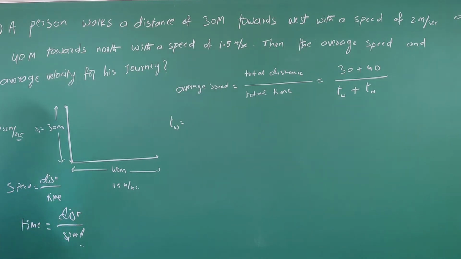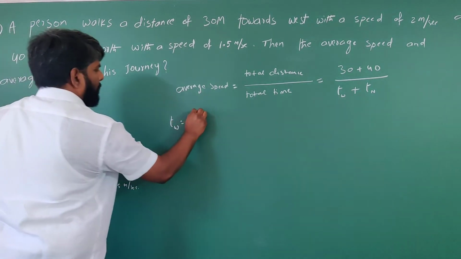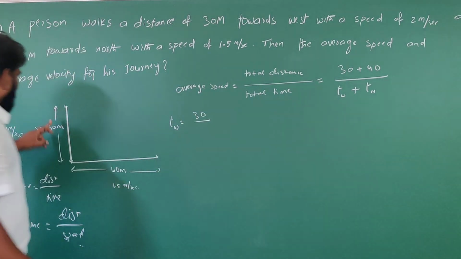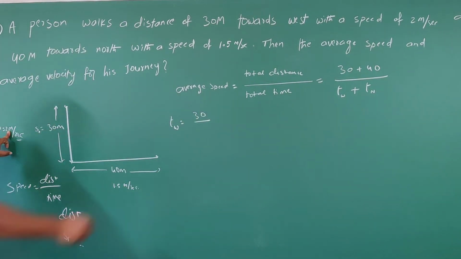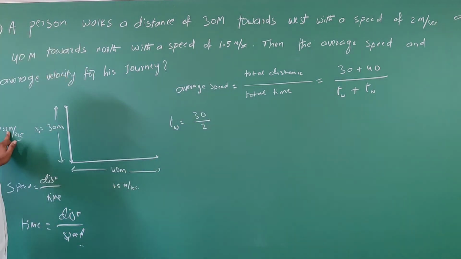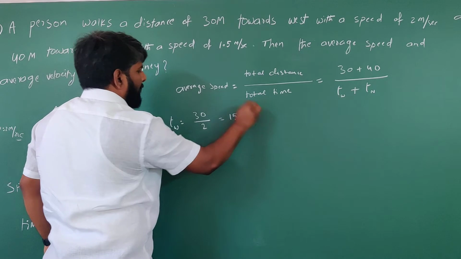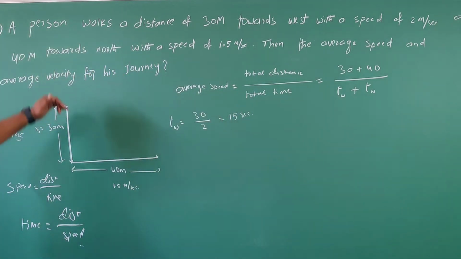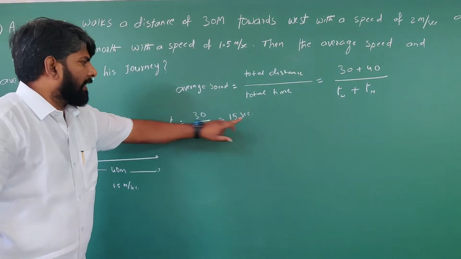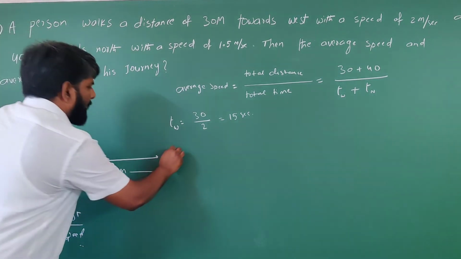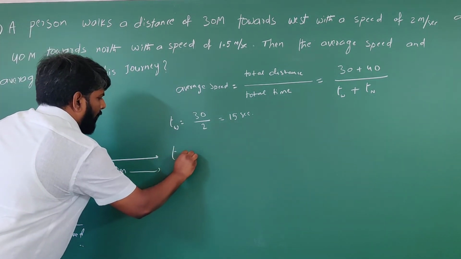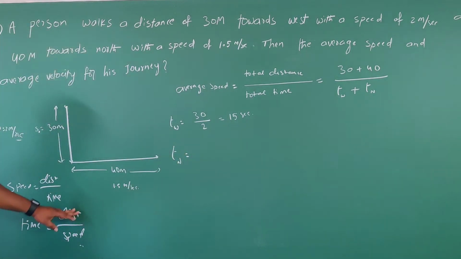According to this, the distance is 30 and the speed in this part is 2. So 30 by 2 equals 15 seconds. Time taken to travel along west is 15 seconds. In the same way, time taken to travel along north is distance by speed.